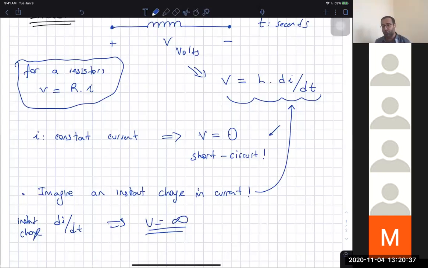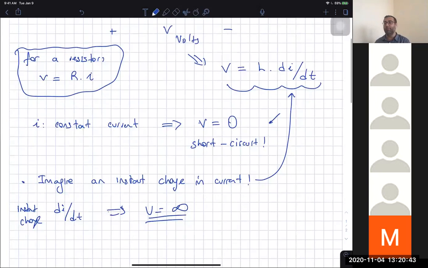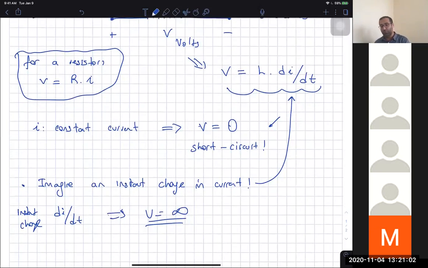There will be a huge voltage spike, which is again not physically possible to implement. But we can make that duration extremely small so that we'll have a finite but huge voltage change. Okay, so this is the very basics of the current-voltage relationship of an inductor.